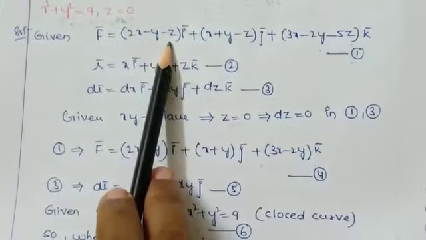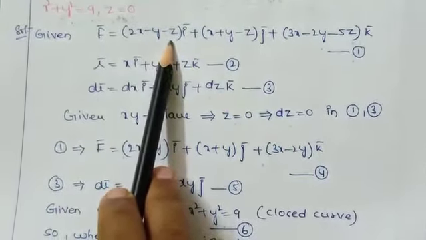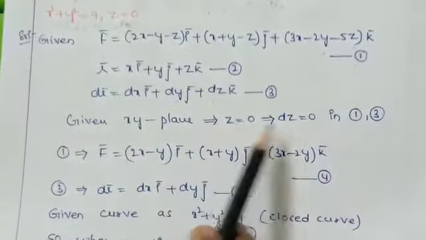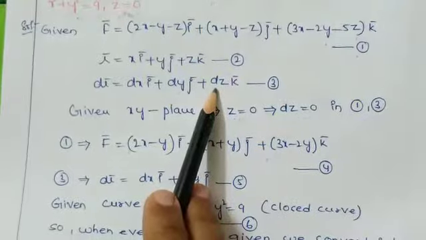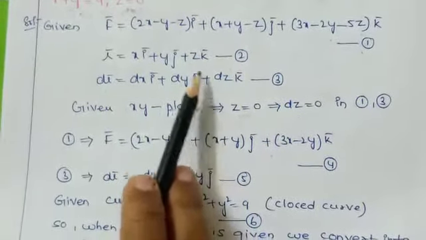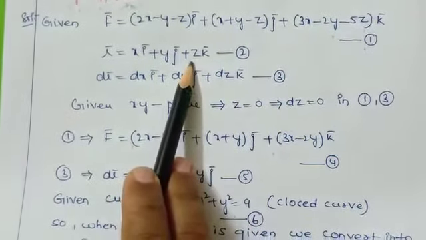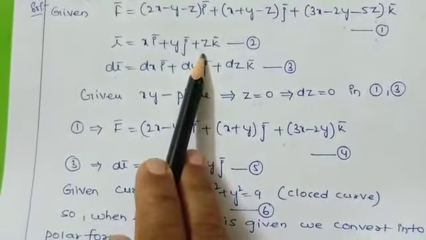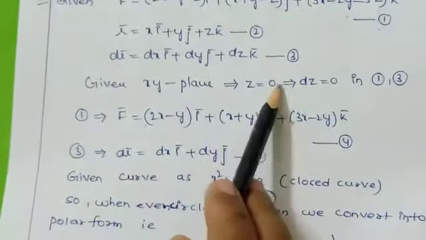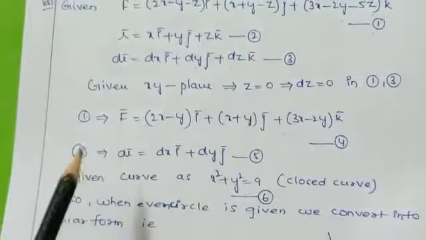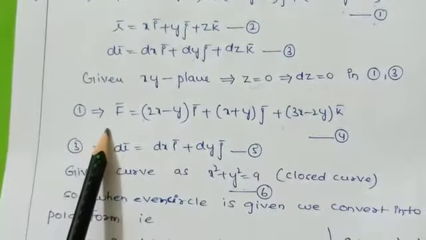So you are going to substitute z is equal to 0 in the vector equation, as well as we are going to substitute dz is equal to 0 in the third equation also. If you want, you can substitute z is equal to 0 in the second equation, as you have done in the previous questions. You can find out the respective derivative. So in both the steps, I have substituted z is equal to 0, dz is equal to 0.